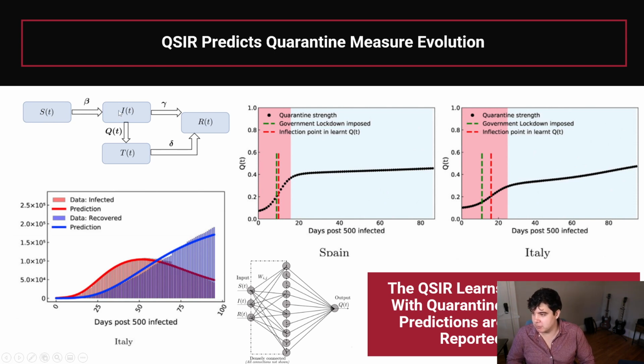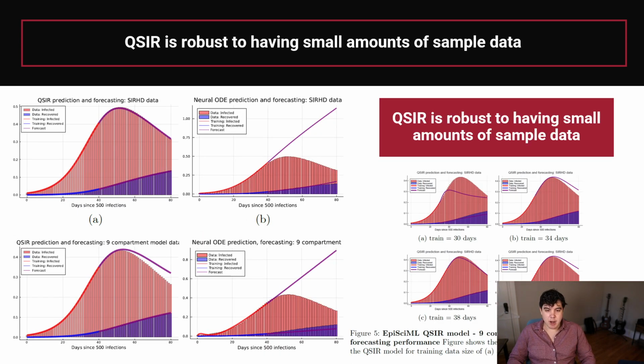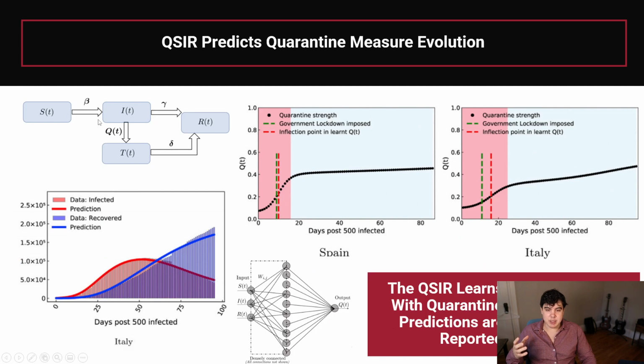That's your standard thing that happens in first order chemical kinetics equations. And because you have that relationship, you can actually see it inside of the machine learning results. The QSIR will always have S plus I plus R plus T equal to 1, no matter what the neural network is, because that's a property of the solution to this differential equation.